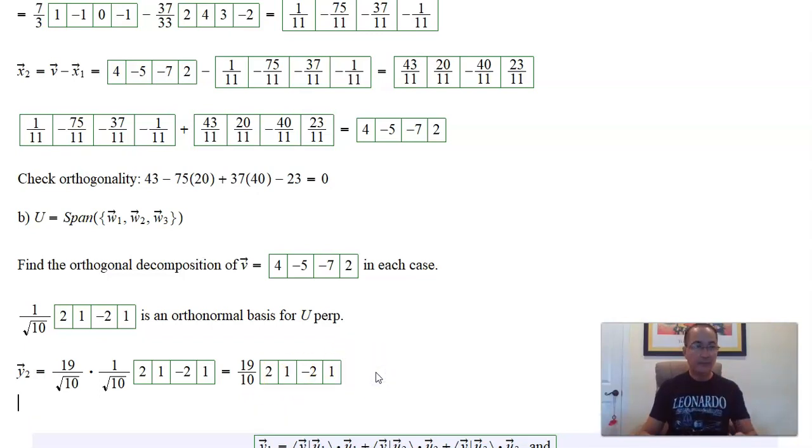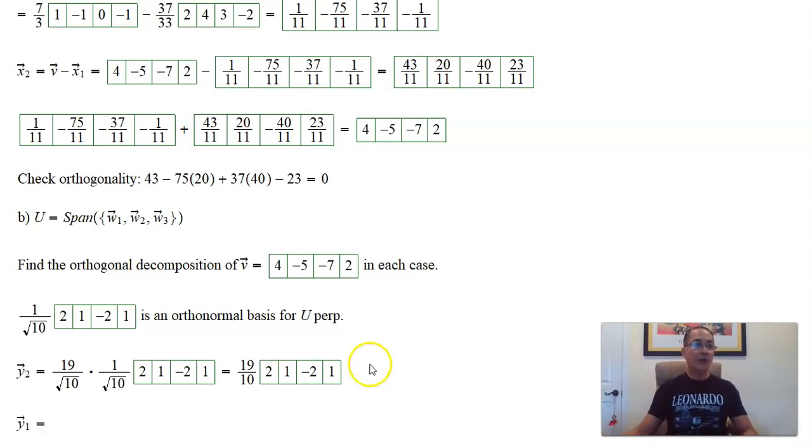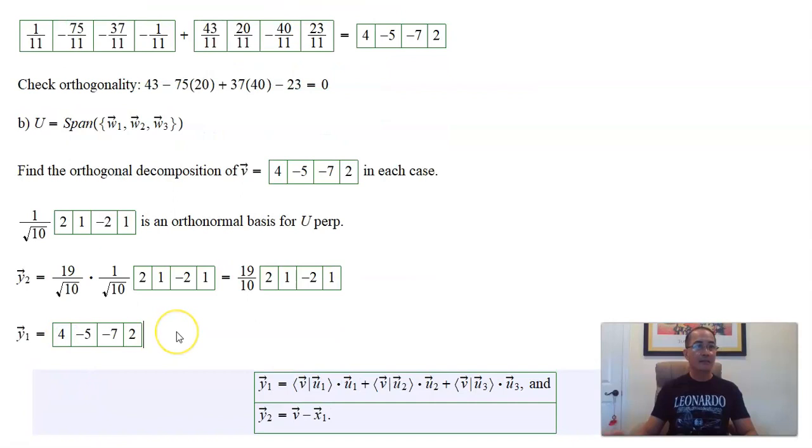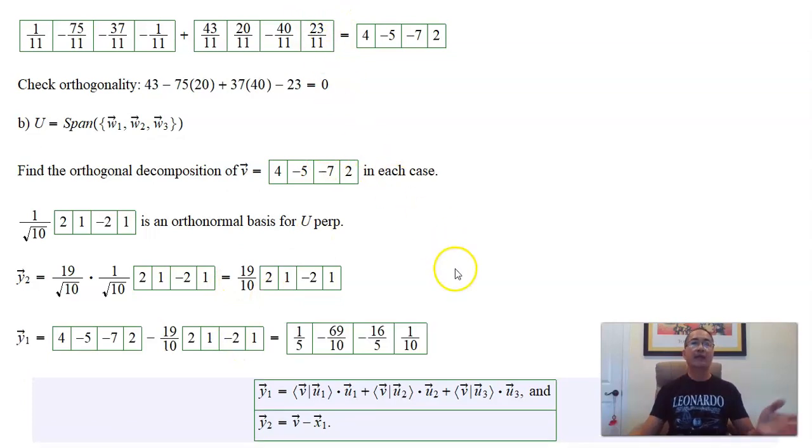But now we need y1. So y1 will be the same vector v, down here please, minus y2. Okay, that's what we get. Ooh, what did I tell you? See what it did? Ah, sneaky you.